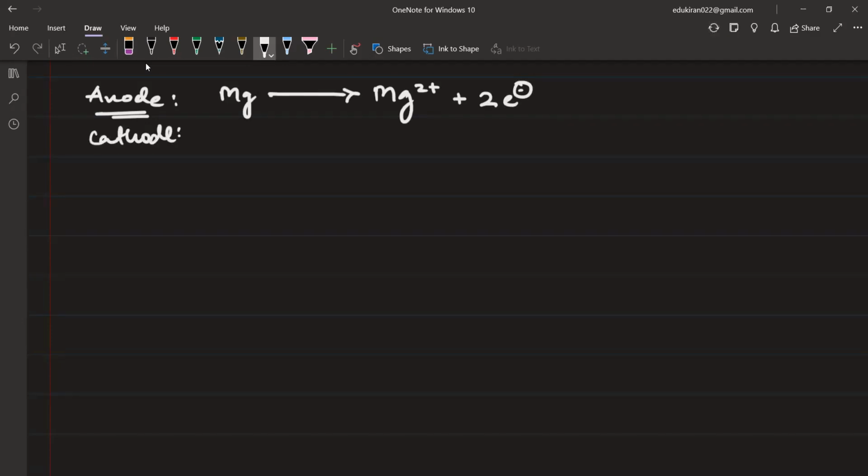And in the cathode, what is happening? Reduction. So what will be the reaction? Cr3 plus plus 3 electrons, gains electrons, it is going to give you Cr, correct? How will we balance this number of electrons? What do you think, what should we do?